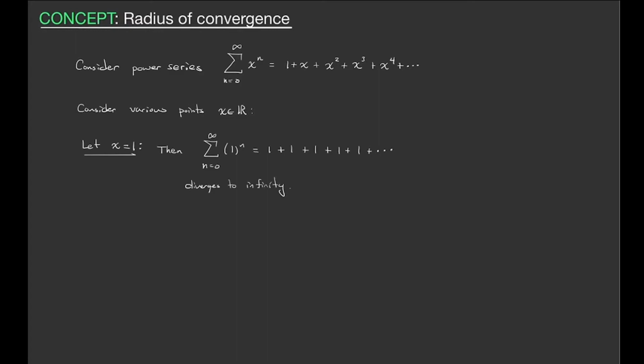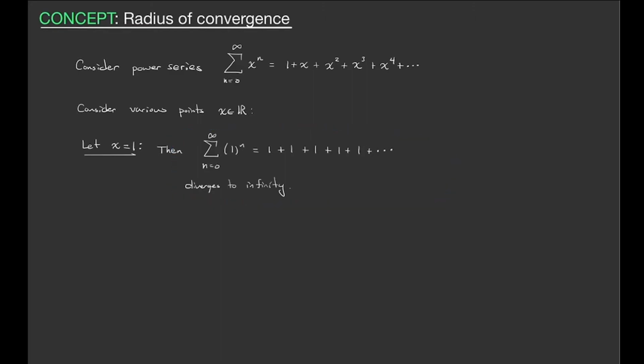And of course that will diverge to infinity. Remember that divergence doesn't always mean it adds up to positive or negative infinity. It just means that it does not converge to a particular finite number. When we plugged in x equal to 1, we saw that the series diverges to infinity.